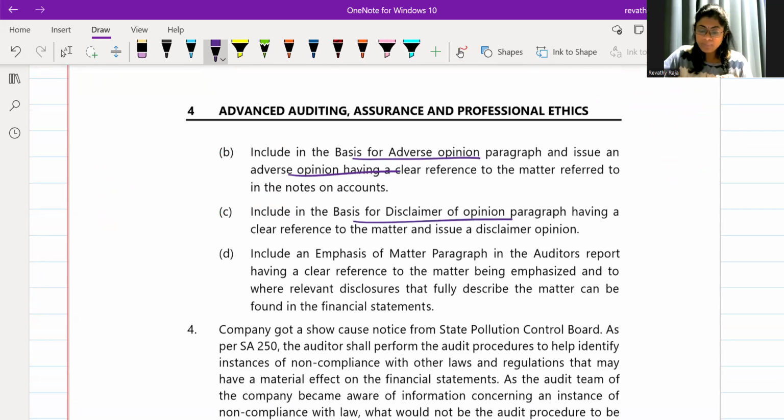Basis of disclaimer with disclaimer of opinion. Emphasis of matter para with clear reference to matter emphasized. So you guys have clearly said it is EOMP. So it's not B and C.